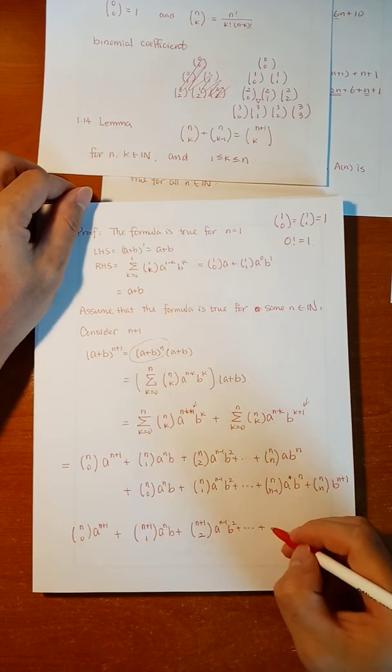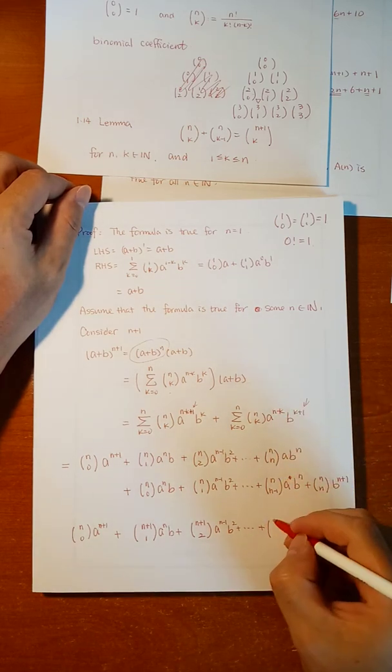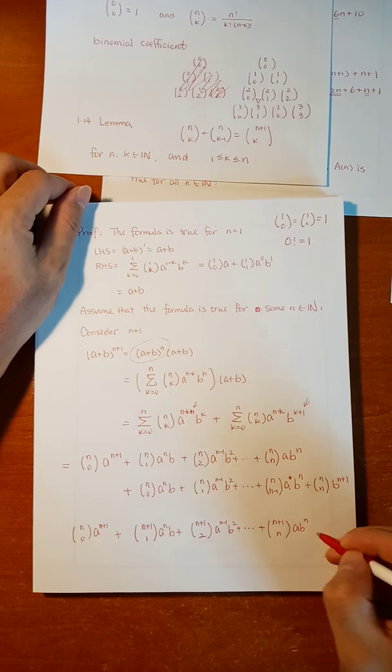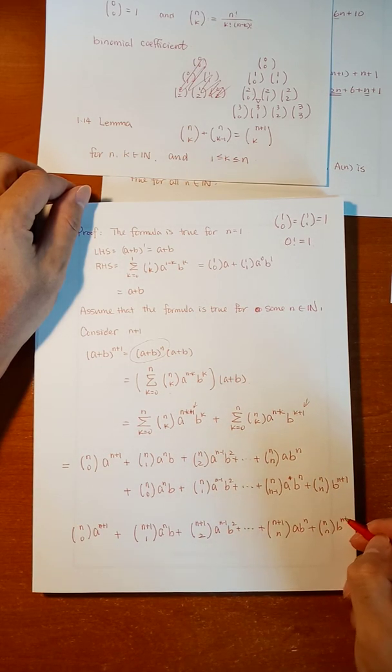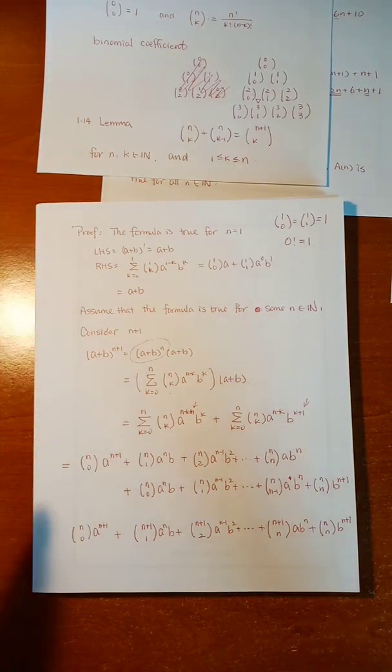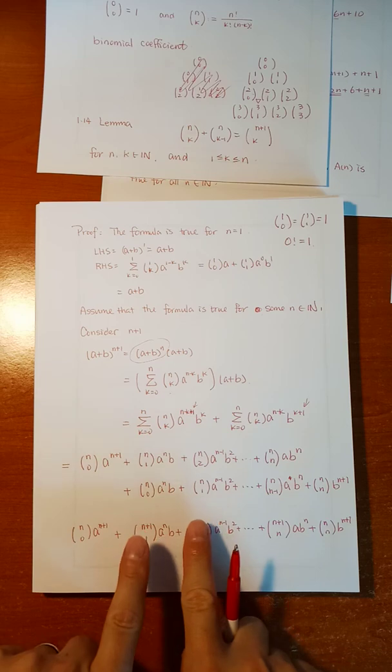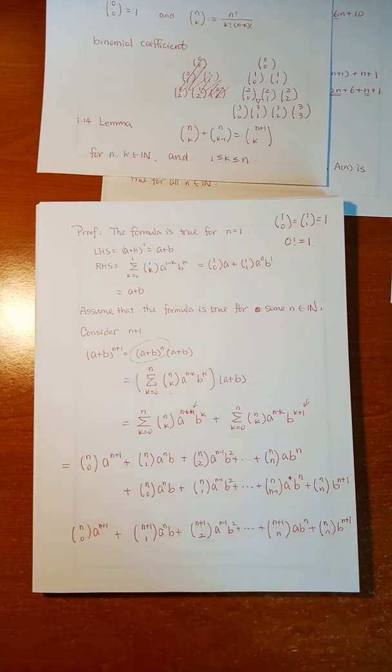And in this column it is n plus 1 choose n, a b^n, and n choose n plus n choose n, giving b^(n+1). Okay? So in this step, you do the addition of the coefficients for each column.